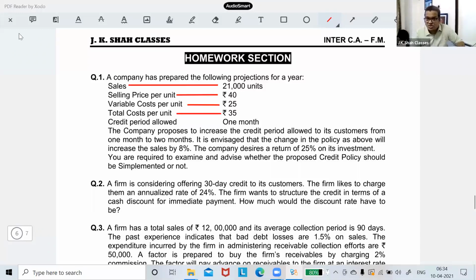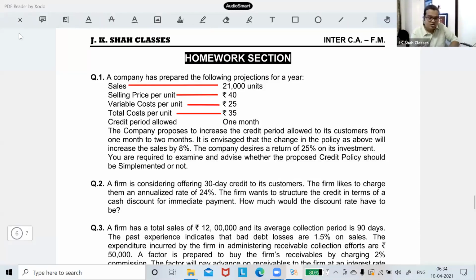35 rupees per unit. So, friends, it needs once again to understand the bifurcation of total cost into fixed cost and variable cost. Okay. So, let's understand. See, total cost is 35, right?